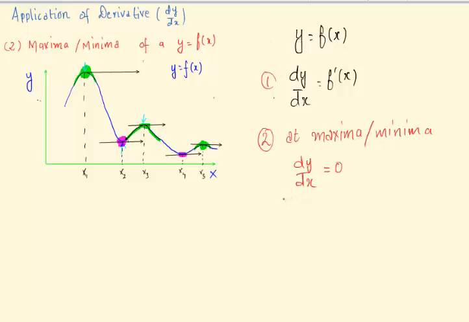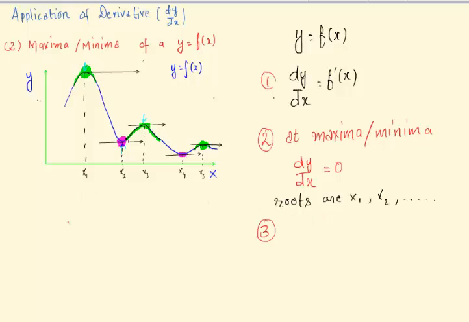Solving this equation, let's say roots are x1, x2 and so on. Then we will move to the third step to identify whether x1 or x2 or x3 is a maxima point or a minima point.